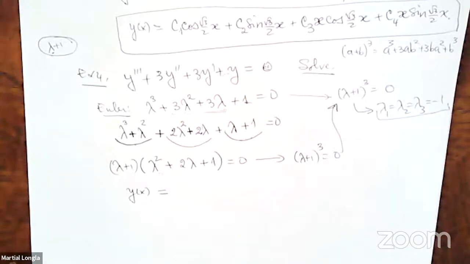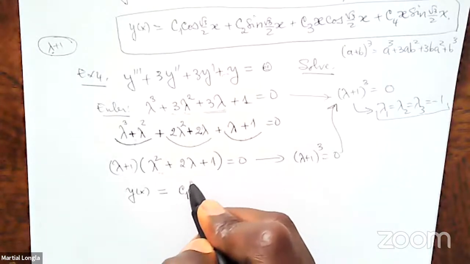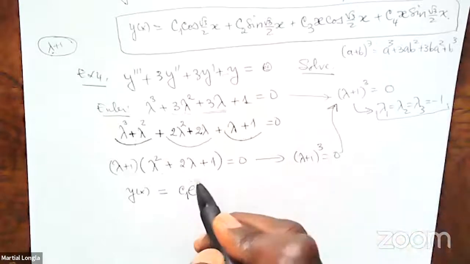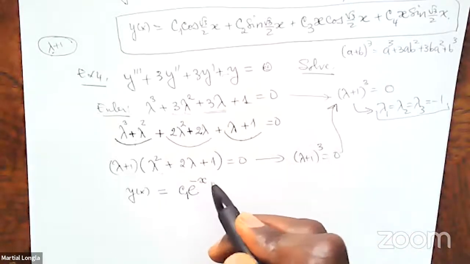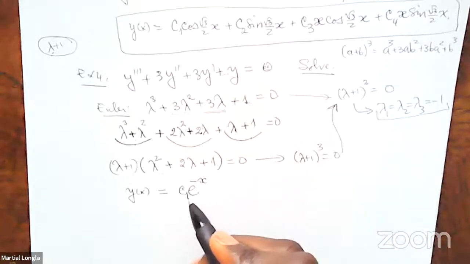Mason? Why don't you use the root of multiplicity m, so it would be c1 e to the 0x. Or wait, no, would it be negative? No, it'd be 0x. What is lambda? -1. Okay, it's -1. Yep.